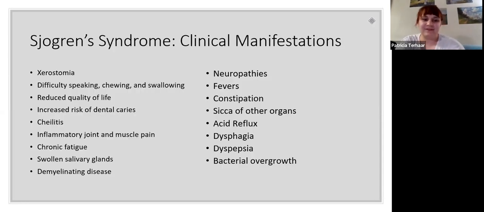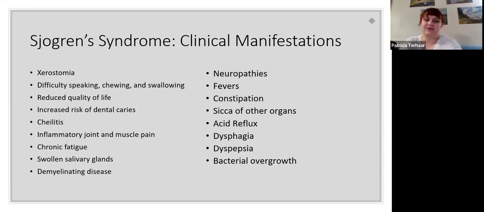The clinical manifestations of Sjögren's syndrome, there are a lot of them. What we already talked about, like the dry mouth, the difficulty speaking, chewing, and swallowing, reduced quality of life. There's increased risk of dental caries because of the lack of saliva in the mouth, so the food just stays in the mouth.